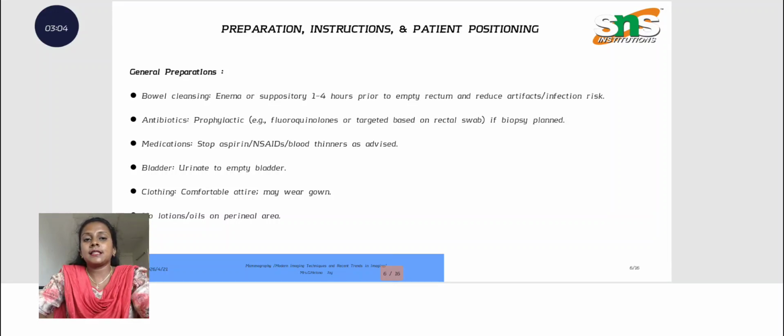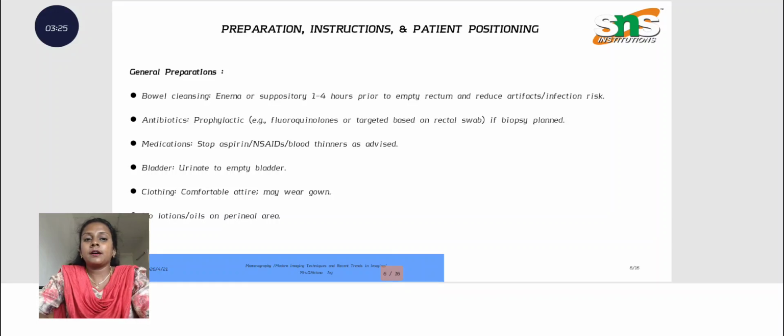The second thing is that we have to give antibiotics if a biopsy is planned. Regarding medication, the patient should stop aspirin, NSAID medications and blood thinners as advised before the procedure.